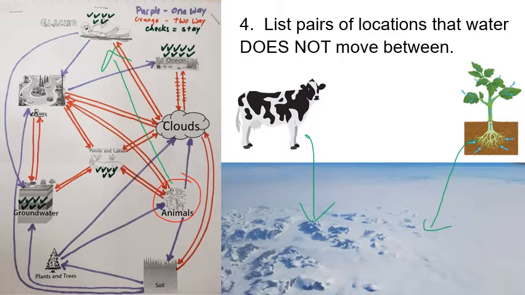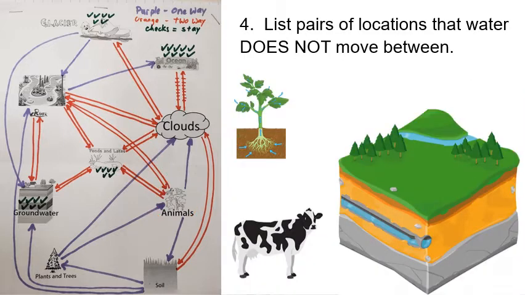Plants can't grow on a glacier. Therefore, water doesn't pass from a glacier straight into a plant. Plants can only take up liquid water through their roots in the soil. So this is a combination of locations where water can't go between. It can't go from a glacier to an animal. It can't go from a glacier to a plant.